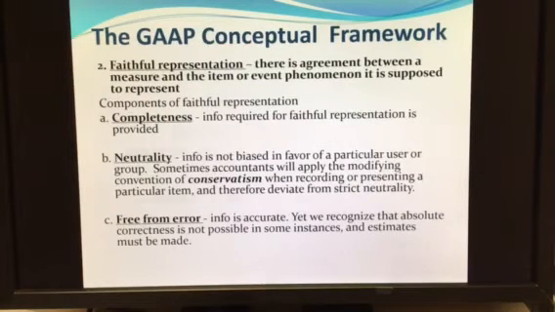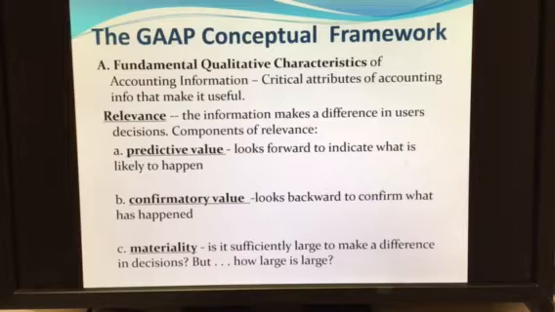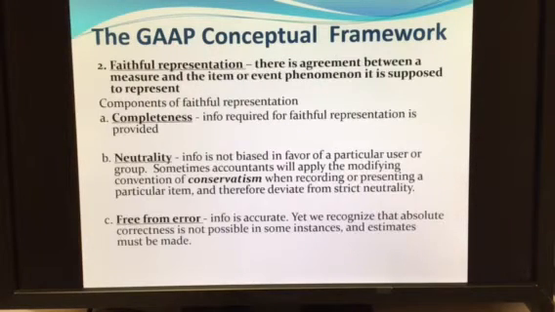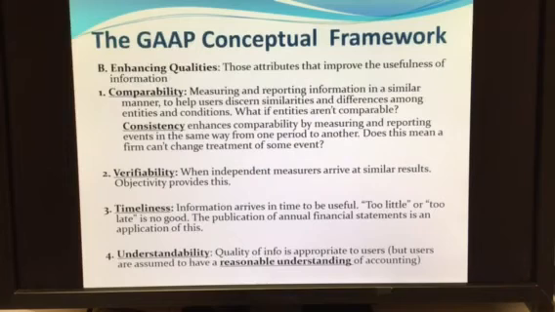Just to look back at that, these qualitative characteristics are relevance, which has various components, and also faithful representation, and there are components of faithful representation. I don't want to rehash that, but keep in mind these are fundamental characteristics of accounting information. And now we're talking about enhancing qualities.